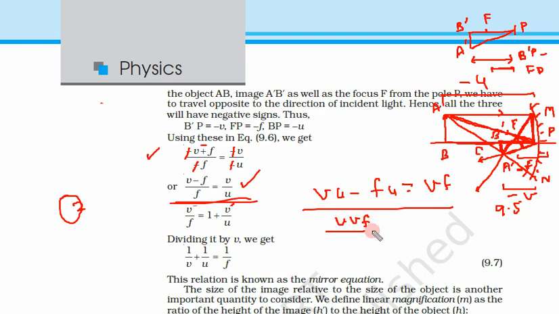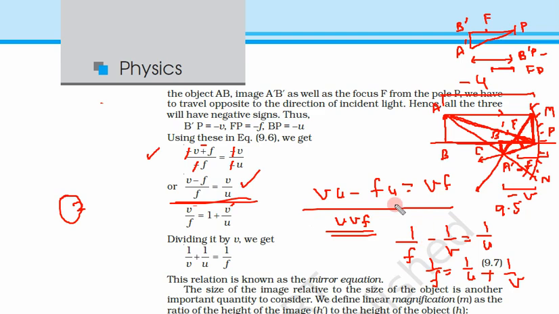So the whole equation must be divided by u, v, f. So this will become 1 upon f minus 1 upon v must be equal to 1 upon u. Let us take this v term to this side. So what we get? 1 upon f is nothing but 1 upon u plus 1 upon v.